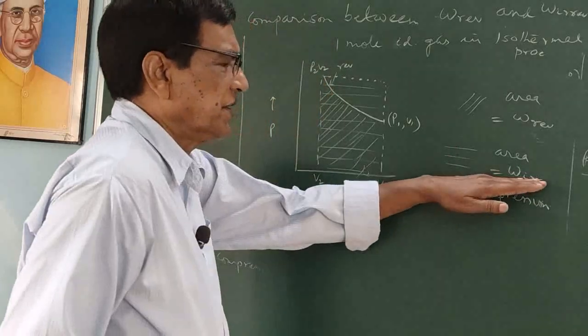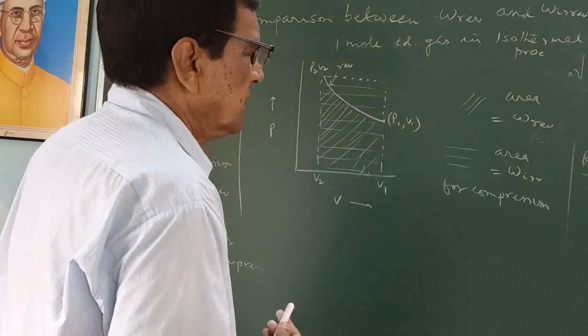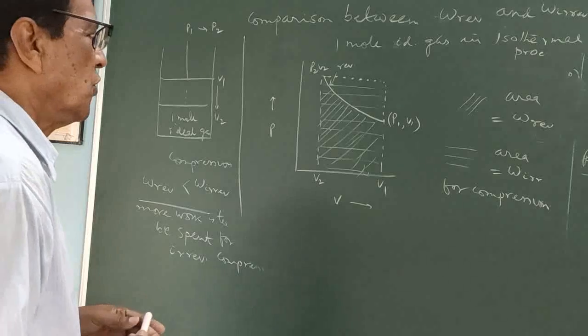So this one is the greater and this one is the less. What is required to compress in case of irreversible process?